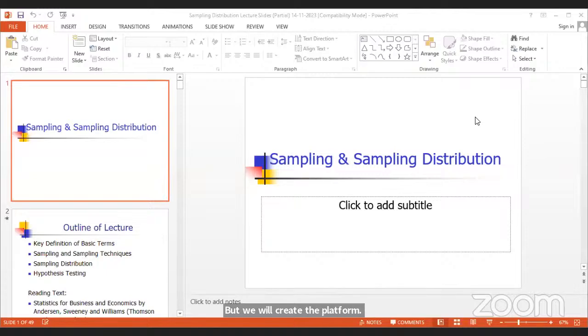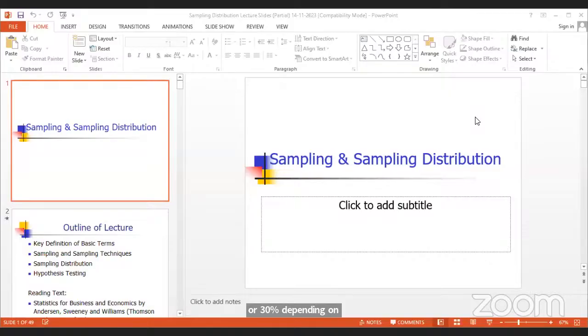For the assessment, we'll be giving you regular assignments. We'll also fix a date for our continuous assessment test, which will combine with the regular assignments to make up about 40% or 30%, depending on what we agree on at the end of the day.